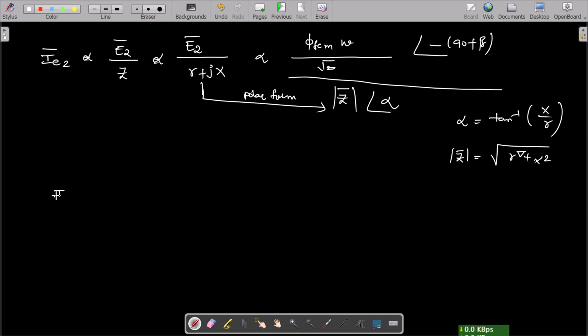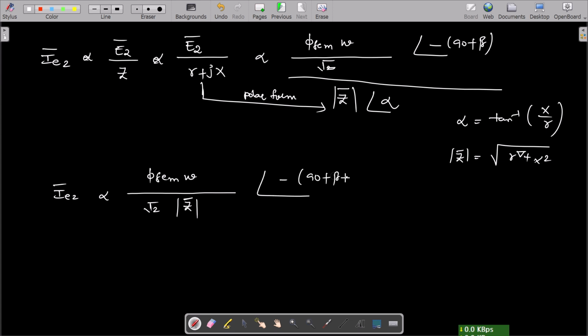Now IE2 bar will be directly proportional to phi SCM omega divided by root 2 Z bar at an angle of minus of 90 plus beta plus alpha.